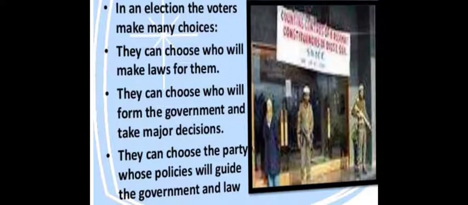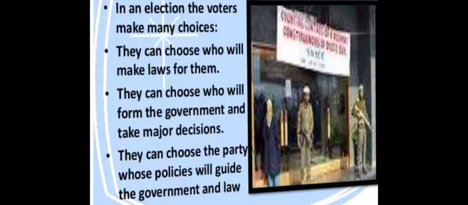In an election, the voters make many choices. These are indicators or parameters which the public keep in their mind before choosing. If you see, they can choose who will make laws for them and for their welfare. Next, they can choose who will form the government and take major decisions for the country.